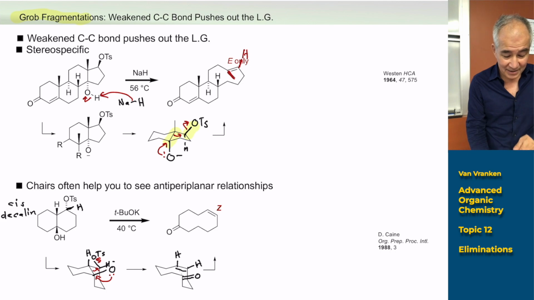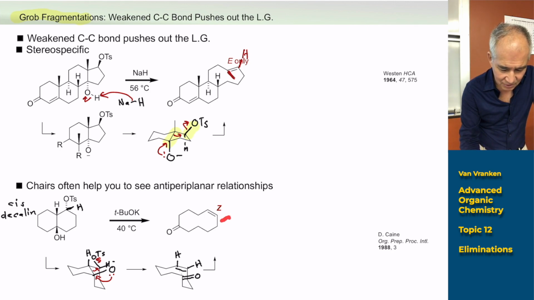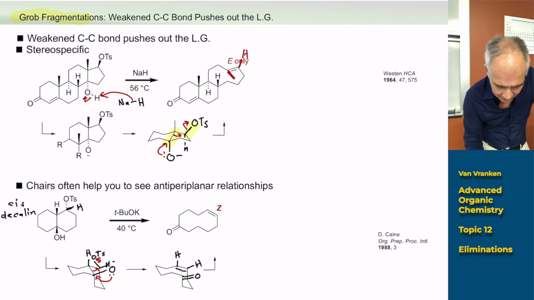There's only so many ways to draw a 10-membered ring with a cis double bond in it, so I chose to draw it like this. I just wanted to make sure when I drew this that I didn't draw things in the wrong position. So relative to this, if I counted around from the carbon-carbon double bond, 1, 2, 3, 4, 5, 6. Oh man, unfortunately I flipped the ring.